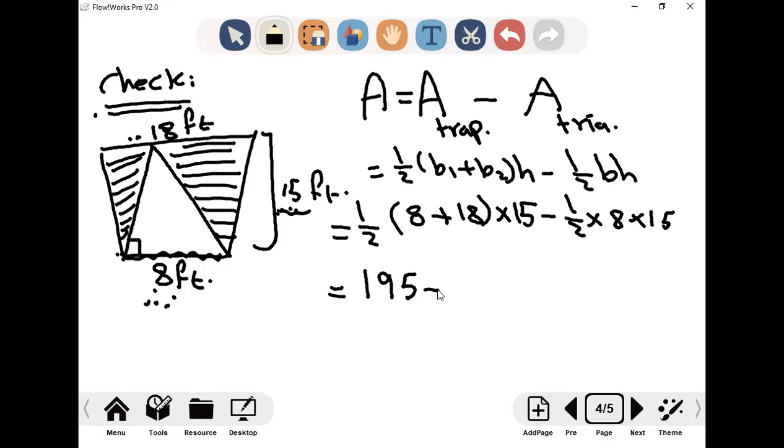Minus half of 8, 4. Multiply 15, 60. 195 minus 60, 135.